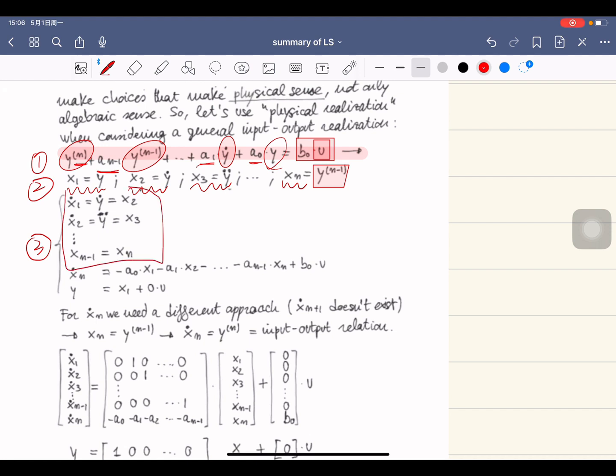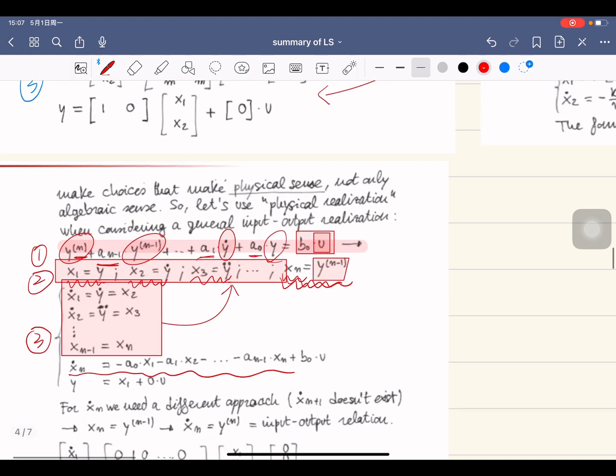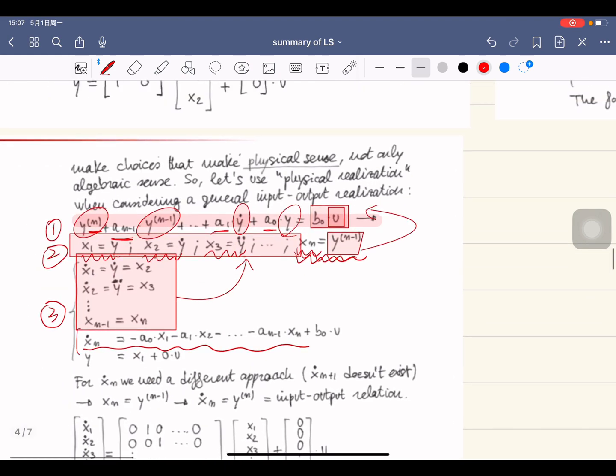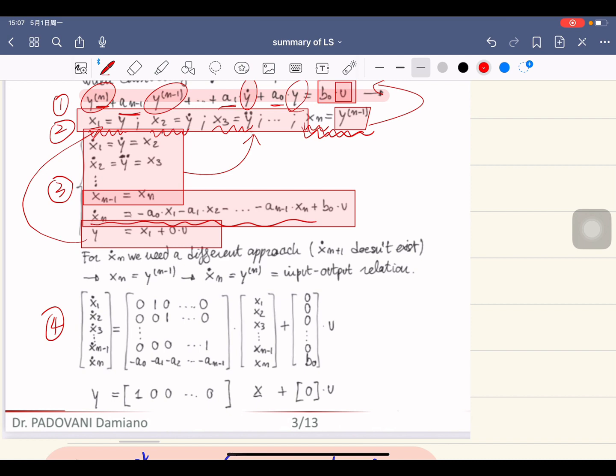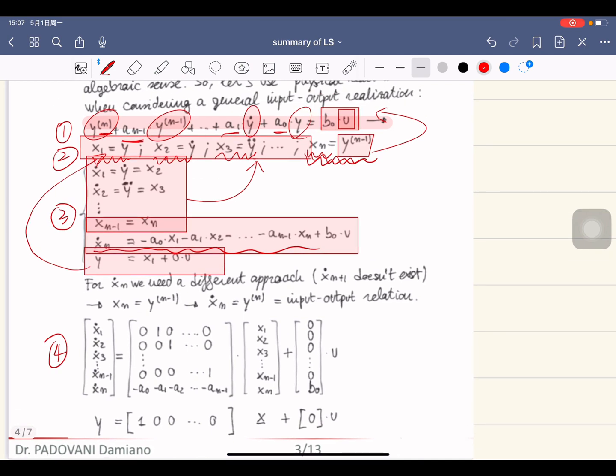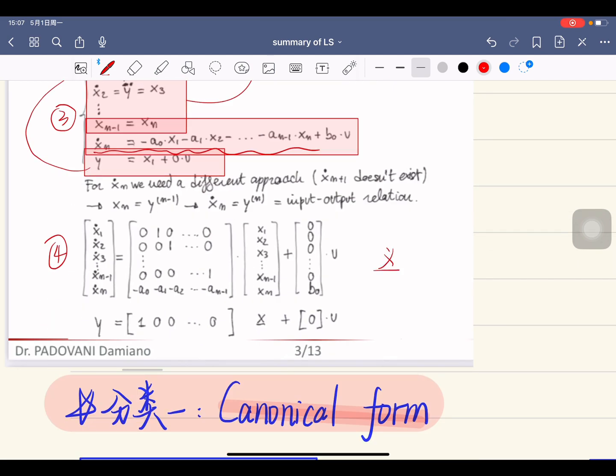As you can see, for the first n minus 1 of the s dot, you only need to use the equations to change the form, but for the last one, we always use the original equation to change its form. Also for y it is the same. You only need this function, then you can get it. The fourth step: arrange them into matrix algebraic form, like this: s dot equals As plus Bu, y equals Cs plus Du.